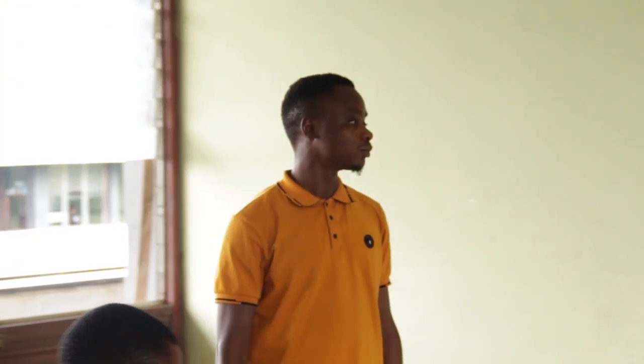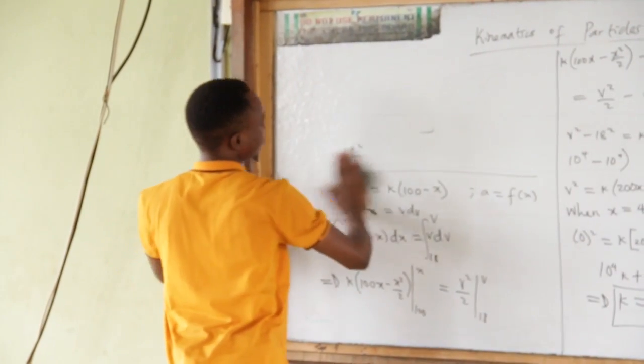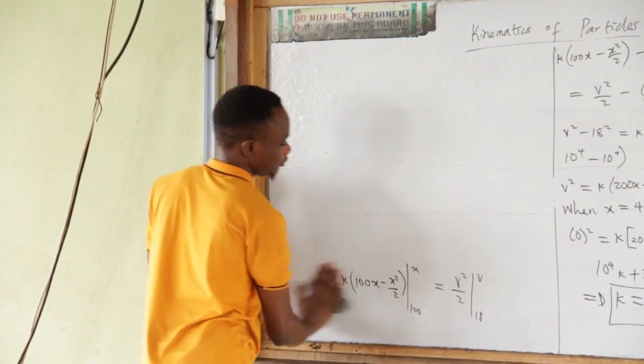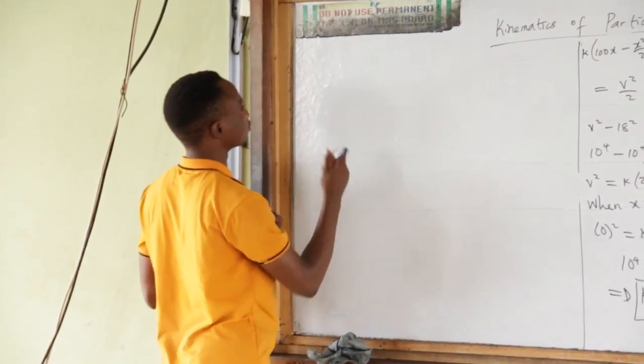Is it that you don't know what to do or you are not sure of what you are doing? Okay, still a negative answer. What did you get y to be?